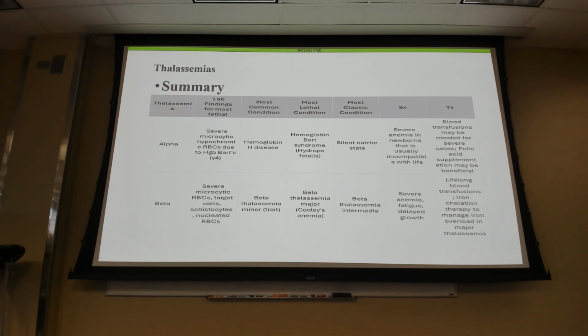So the majority of the time, the patient you're going to see is the silent carrier state. Even hydrops fetalis is fairly out there. Are you ever going to see hydrops fetalis? The patient isn't going to make it. You'll read some studies where they talk about trying in utero transfusions, but you're not going to see hydrops fetalis.